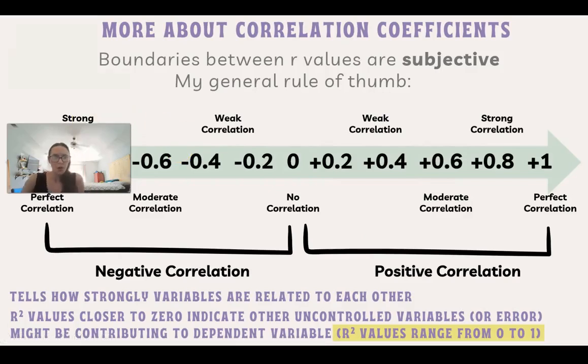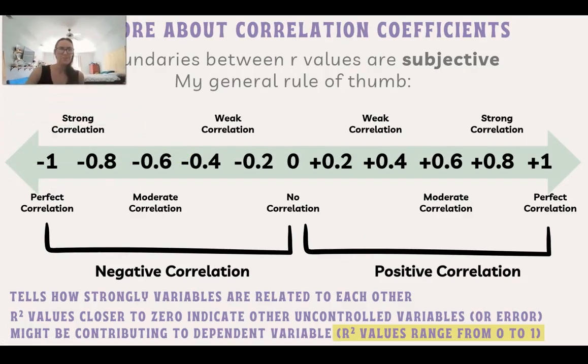So a little note about correlation coefficients. The boundaries between R values that indicate perfect correlation, strong, moderate, or weak, they're very subjective. I've seen lots of different journal articles say a 0.6 R value is still a strong correlation. My rule of thumb is if you have anything above 0.8 or anything below negative 0.8, that is a strong correlation.